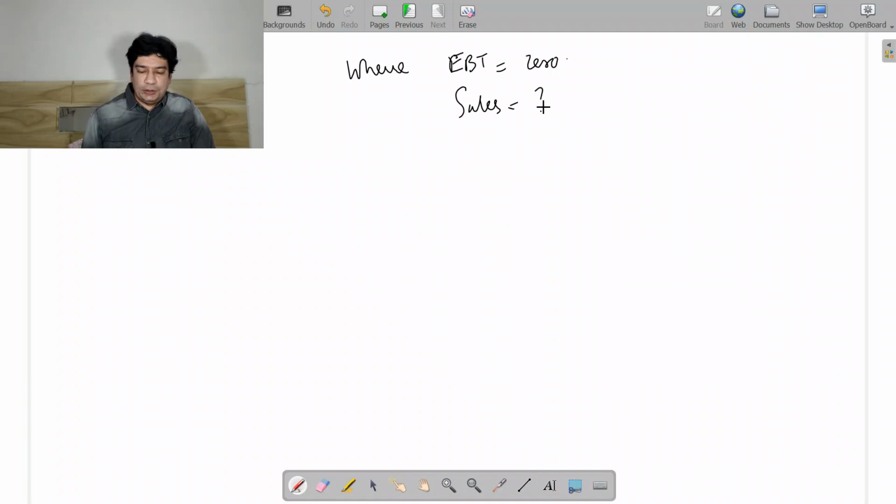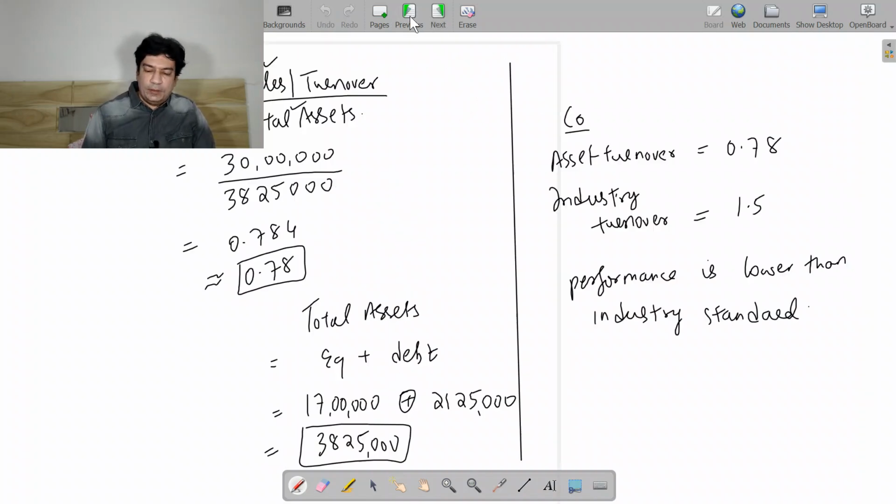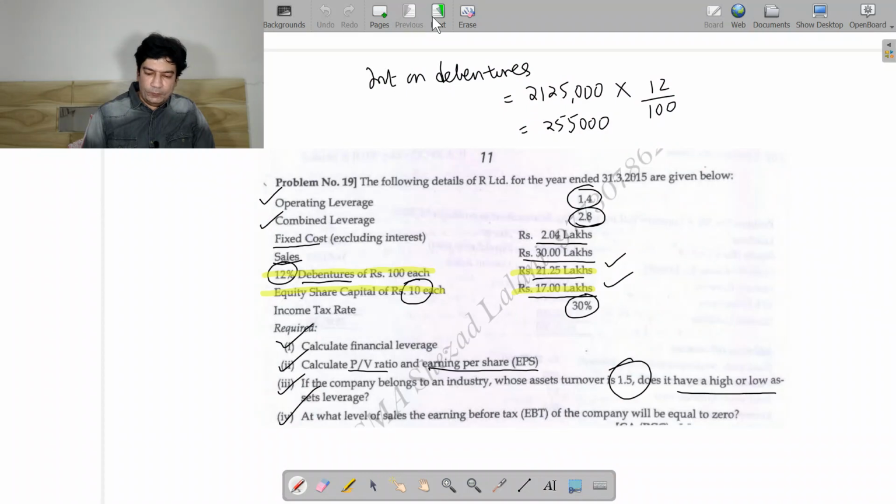This is the question. So you can write the format: sales minus variable cost will give you contribution, minus fixed cost will give you earning before interest and tax, minus interest will give you earning before tax. You can number this as your fourth part.